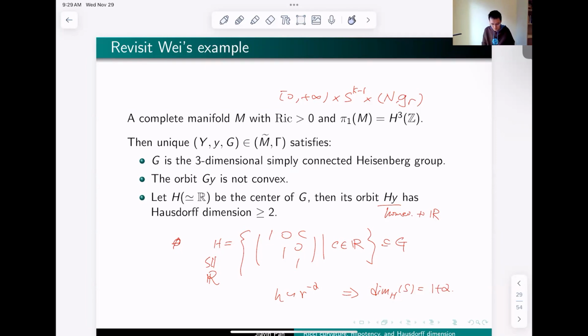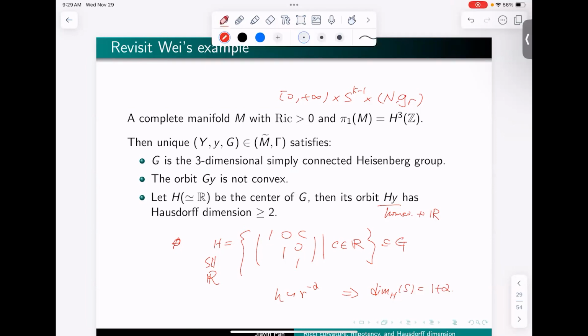Can I ask a quick question? In this, the h is the warping factor acting on the S1 in the Nabonnand example, right? But in Wei's example, the scaling h is different. H is an R subgroup. This is in the limit, so H acts on the asymptotic cone.